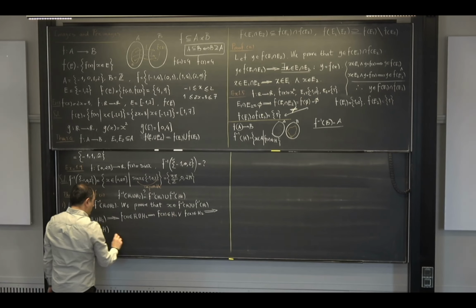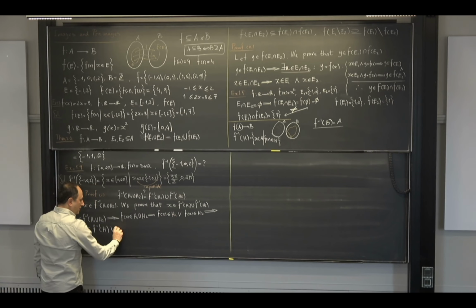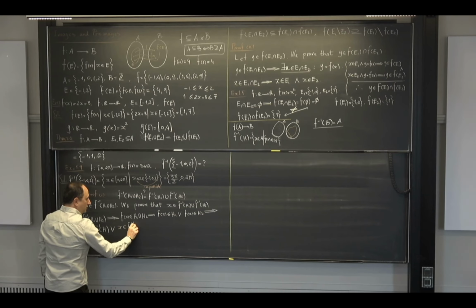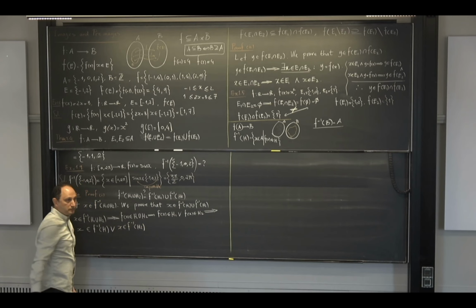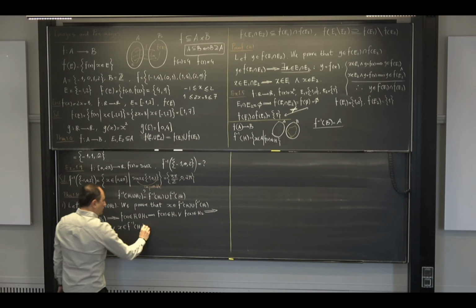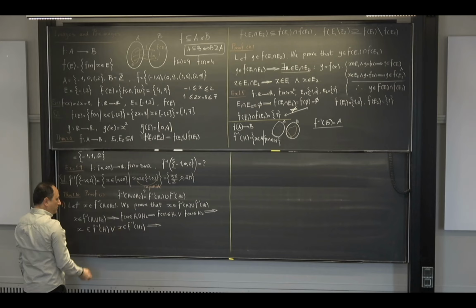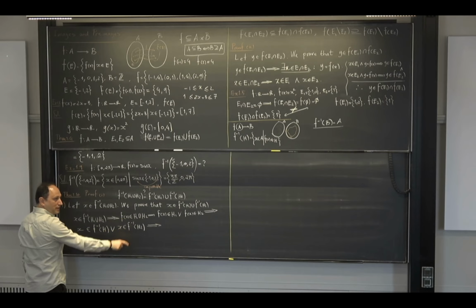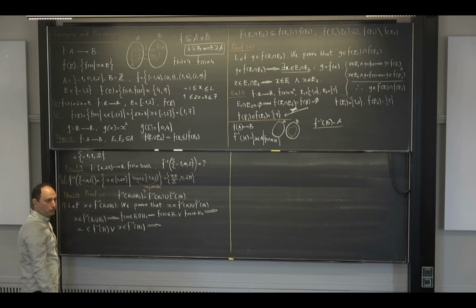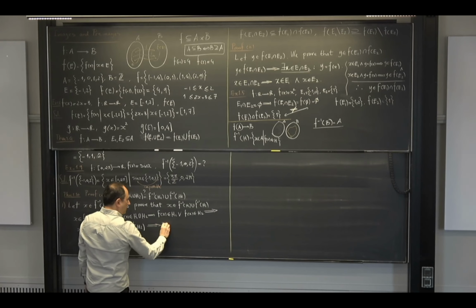Or what can I say about the other one? X belongs to F inverse of H2. And then what can I conclude from these two? I have one element. I know this element is either within this set or within that set. So I can conclude that it is definitely in the union. Yes? So X belongs to the union.